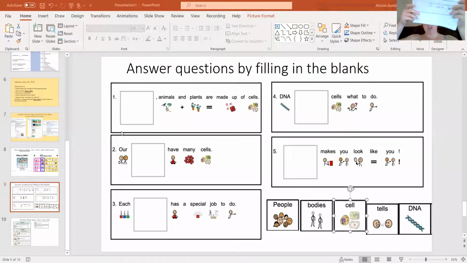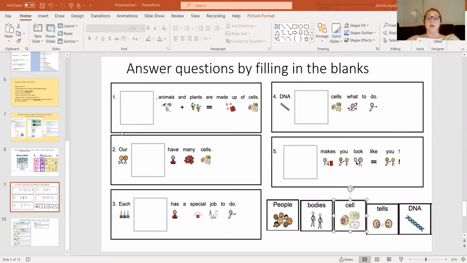So the next thing we're going to do is your questions in your packet. After question 5, there is a page that has answers in little squares that you can cut out to answer these questions about the story DNA. So you can cut these out or just number them 1, 2, 3, 4, 5 based on whichever answer goes inside the box.